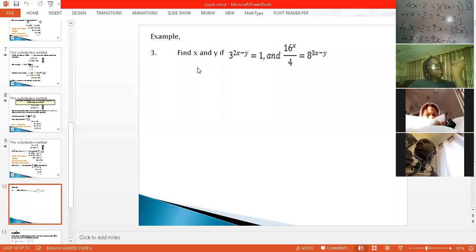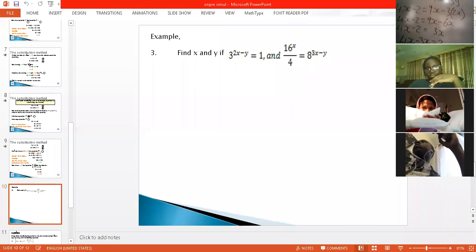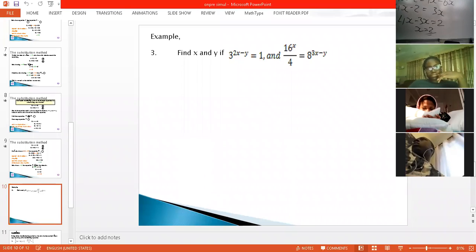Again, you have to collect the like terms. Negative 2, take it to the right hand side. Then 3x, move it to the left hand side. So once you do that, you will have 4x minus 3x equals 2. And that will give you x equals 2.